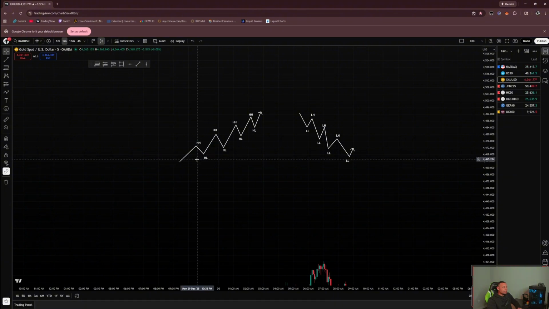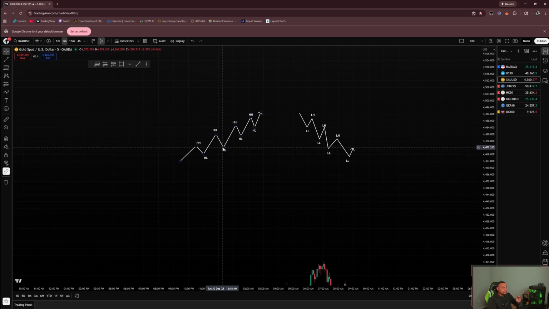Pretty much what this means is when the price comes up, it creates a higher high, comes down, creates a higher low. And then when we go to the next part, it creates another higher high, and we have another higher low. The reason it's considered a higher high is because this high is higher than this previous high here.